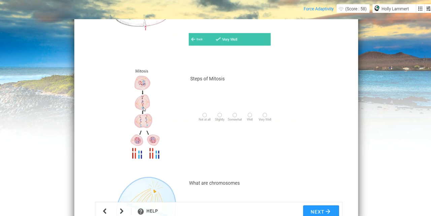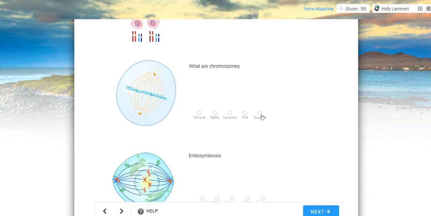Metaphase, the chromosomes line up at the center line. Anaphase, they start to separate. And then we have telophase, when the nucleus starts to reform around the chromosomes. And cytokinesis, that final step of pinching off the cells into forming two identical cells.